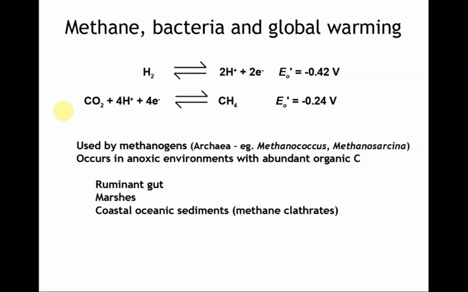In coastal sediments, especially in the Arctic, a lot of this methane is immobilized in complexes with frozen ice, which are called methane clathrates. This is a real worry, because if the temperature of these coastal sediments increases, all of these methane clathrates are going to release their methane into the atmosphere in a very short period of time.